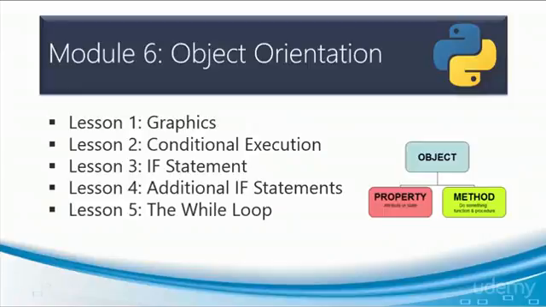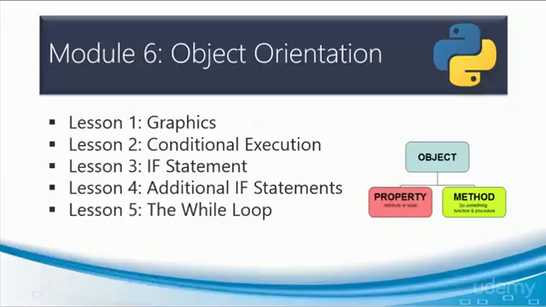Module 6 is object orientation. We'll get into more in lesson 1 about graphics. Lesson 2 is conditional execution. Lesson 3 is if statements, and again, these are more conditional logic. For instance, if it's going to rain, I need to take an umbrella, right? That's just a simple English statement that if something happens, then I will do something else.